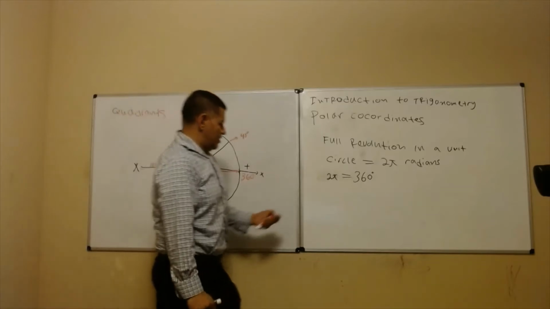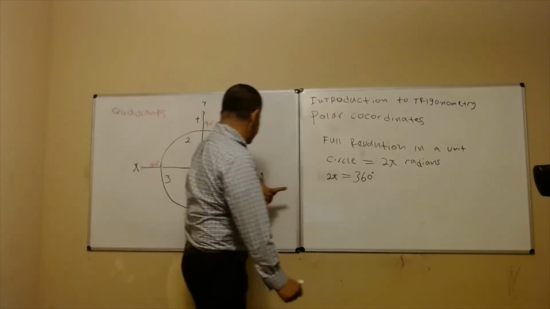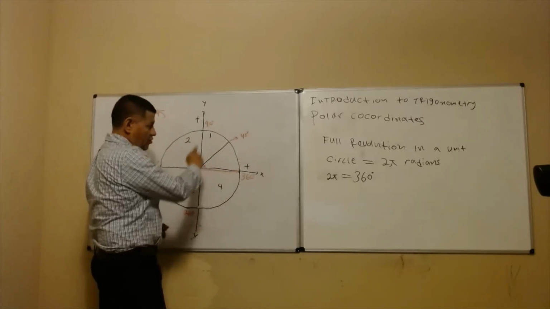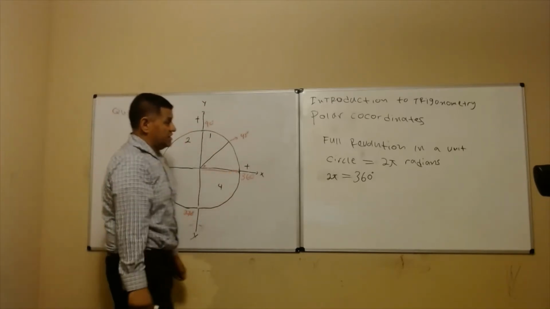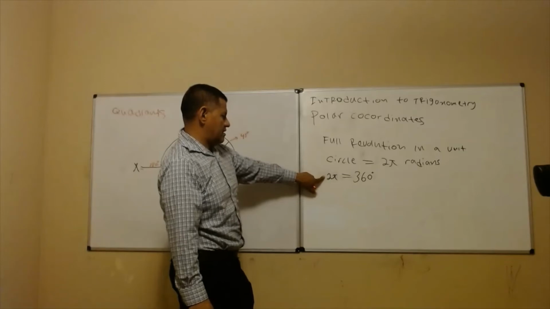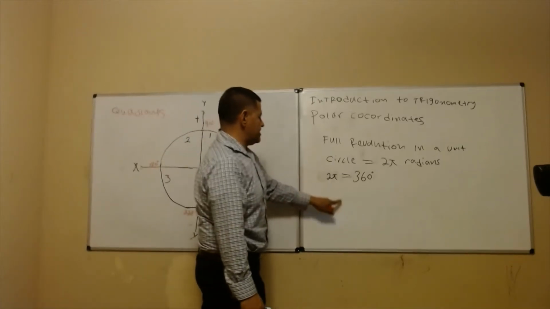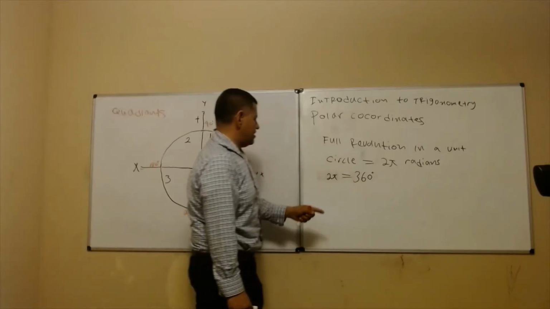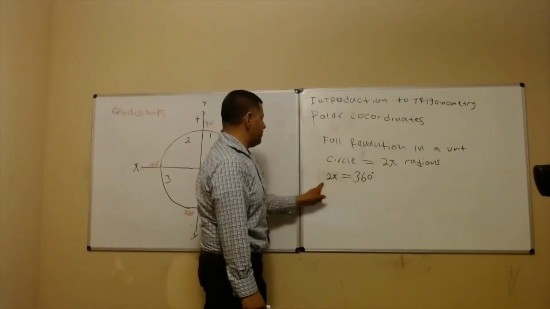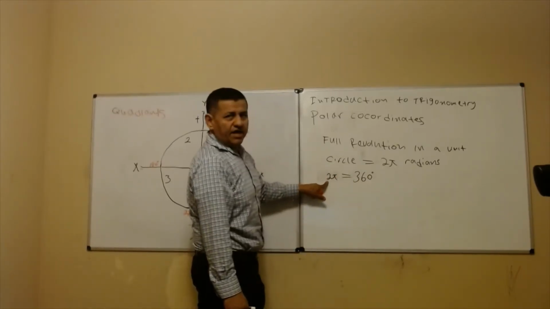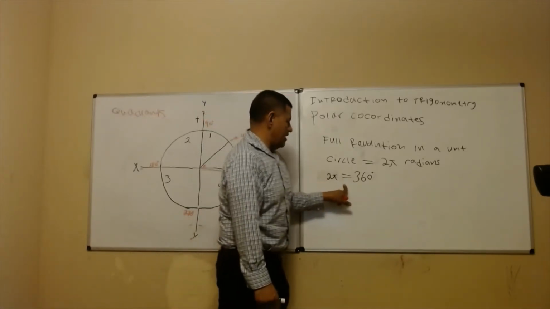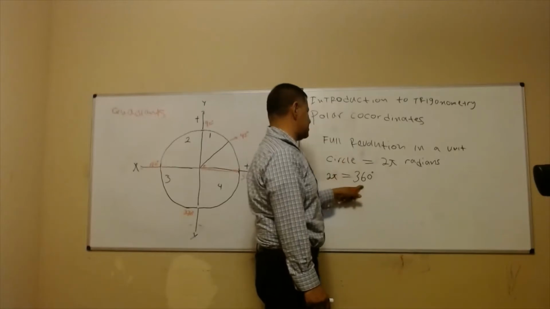Now, so now you can actually say that one full revolution around the circle is 2 pi, and also you can say that's equal to 360. The only reason why we use 2 pi is because with 2 pi we can work with the trigonometric functions better than the 360.